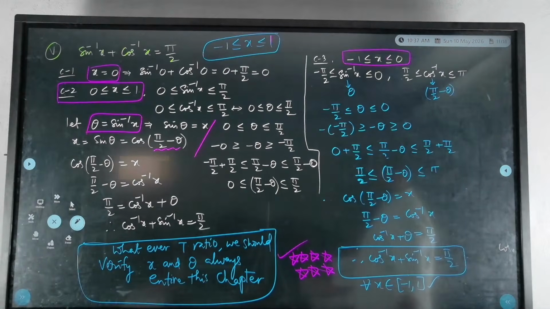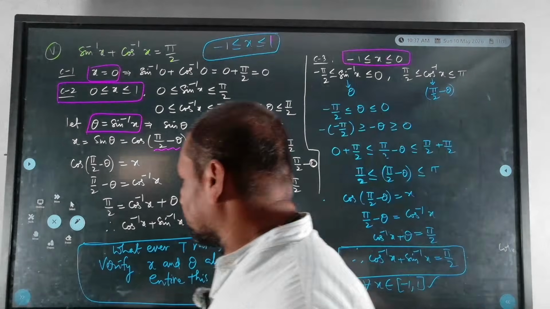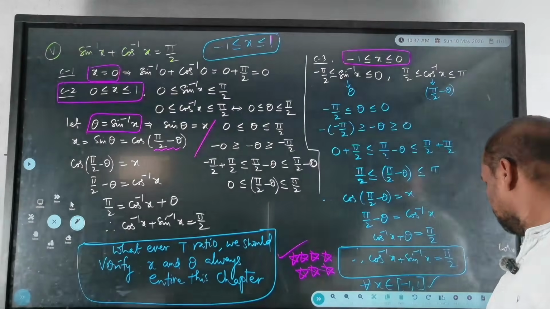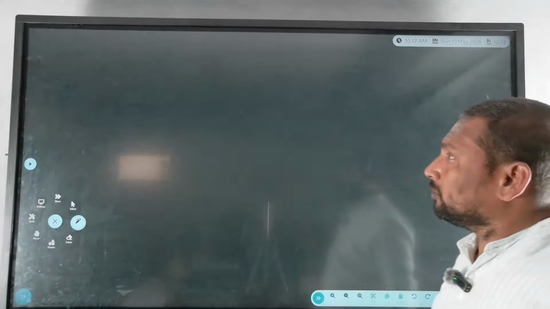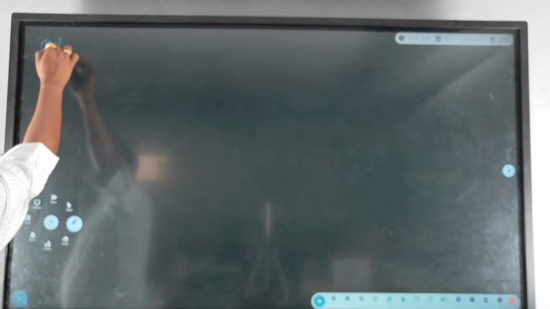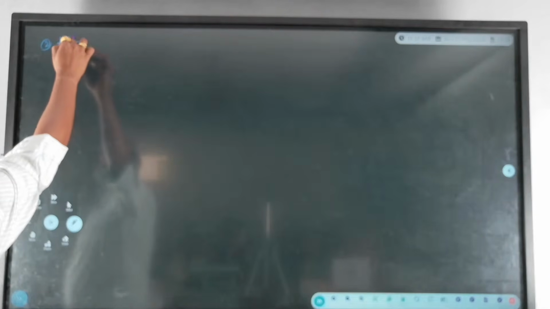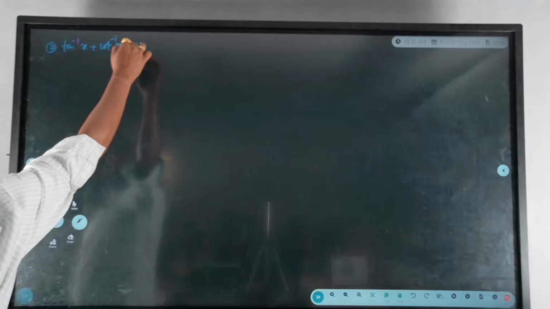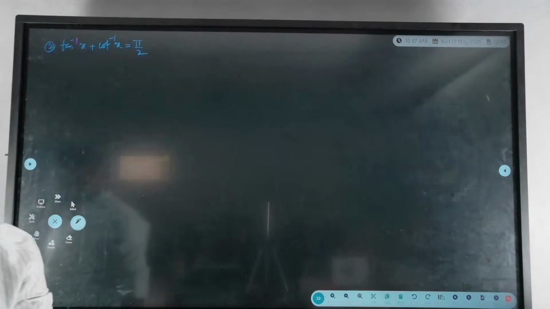Now the next result is tan inverse x plus cot inverse x is equal to pi by 2.